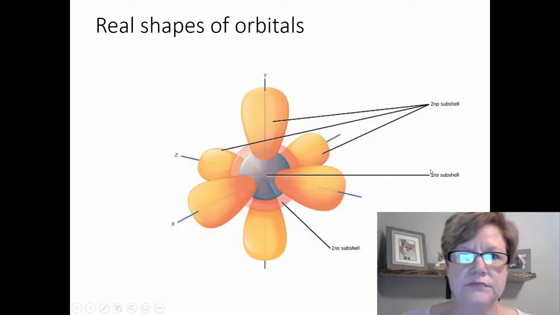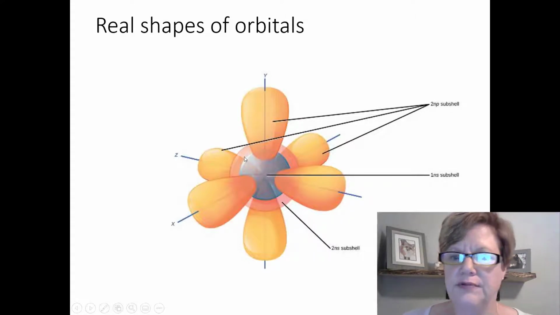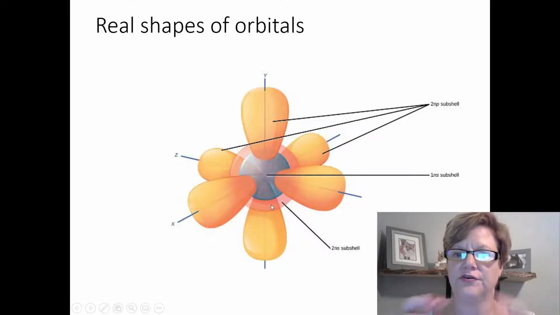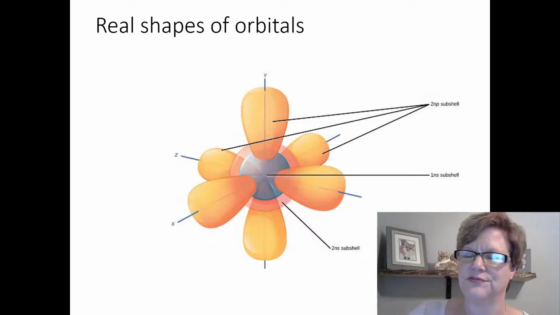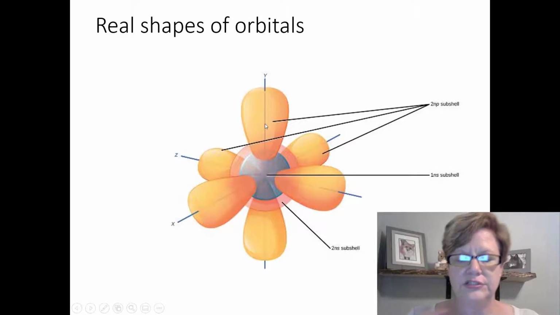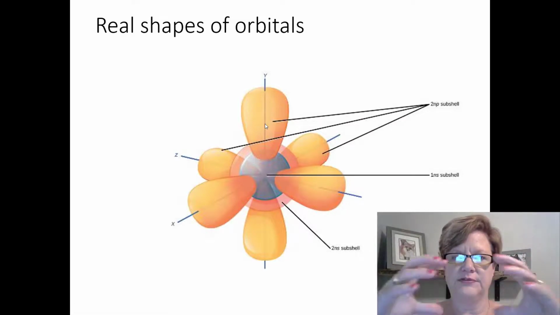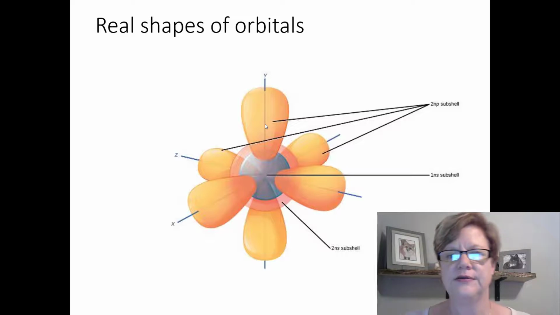All right. Now, the way the real orbitals are shaped, if you've had chemistry, you probably remember the s orbital is spherical, and then the p orbitals are shaped like, we usually say dumbbells or like a figure 8 or something, Q-tip or something like that. These are the real shapes of the orbitals. They're actually not the way the Bohr model kind of puts them in these concentric circles.